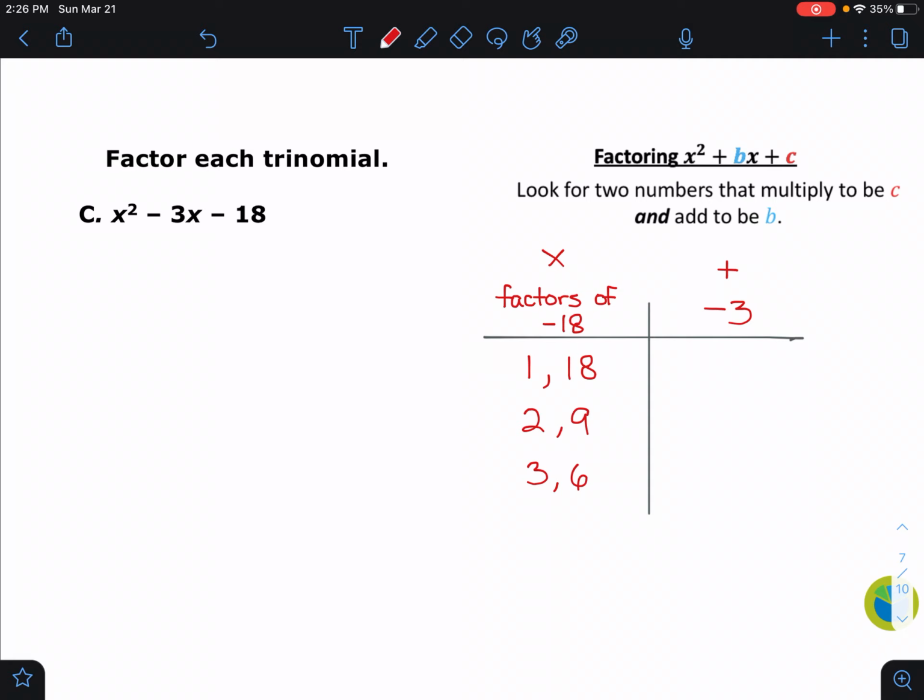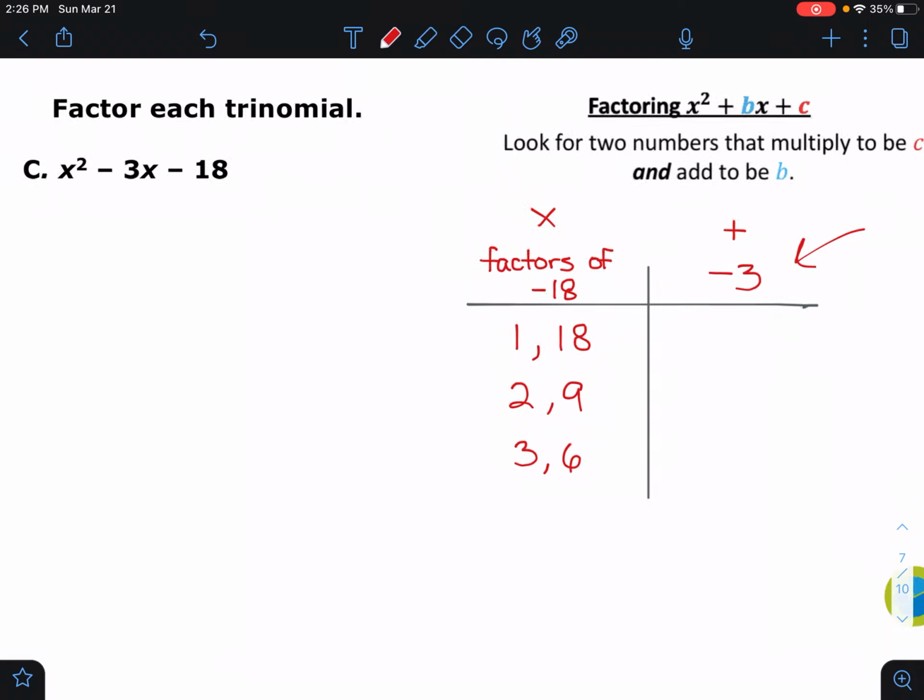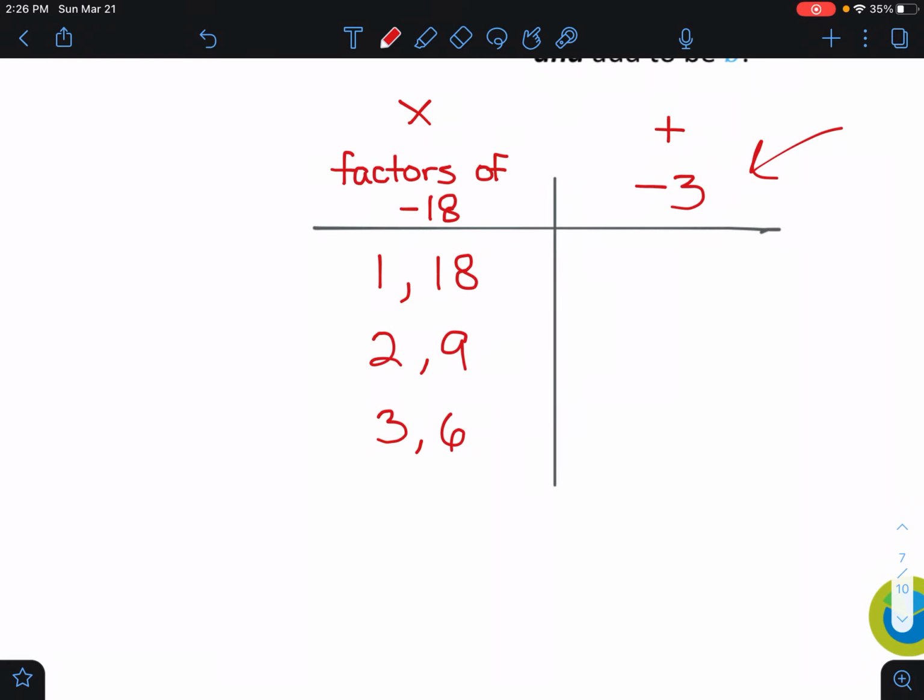Now, if you're looking at these and you're saying, how could I get this to add up to be negative 3? There's no way I could get this to add up to be negative 3. Same with this, because this one is 17 units apart and this one is 7 units apart. So that's too far apart. This one is 3 units apart, so I'm going to be using that pair because then I could get to maybe negative 3. Okay, so how? Well, I have to figure out where do I want to put the negative.